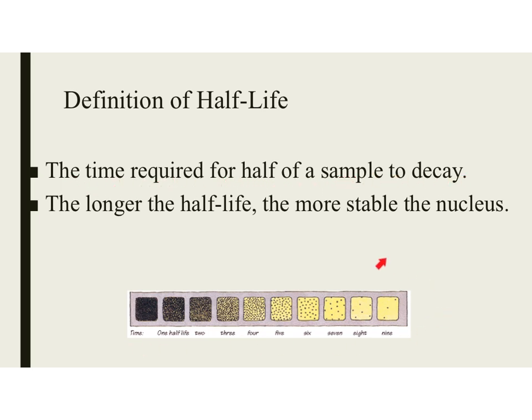So looking down here at this example, you can see at time 0, it's shaded very dark, and then after one half-life, half of those original particles have decayed, and then after two half-lives, the remaining half has decayed again, and then the remaining half decays again and again.